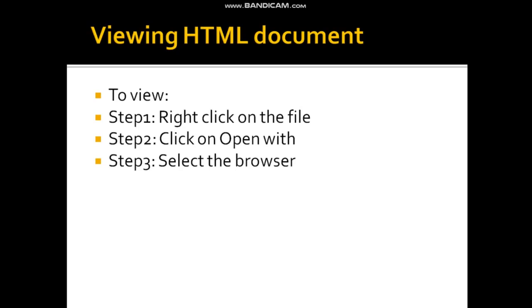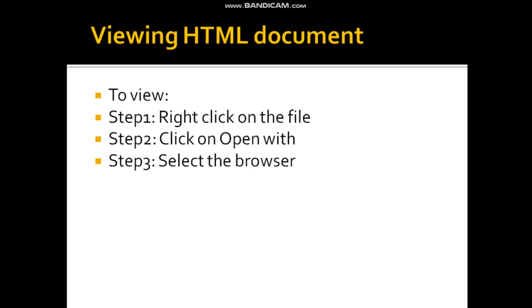Next is your view. View means where to see the HTML document. Now you have written in Notepad and saved it with .html. Now how does Notepad become a web page? HTML is used to make web pages. How Notepad becomes a web page will be shown when you view the HTML document. View means to see.